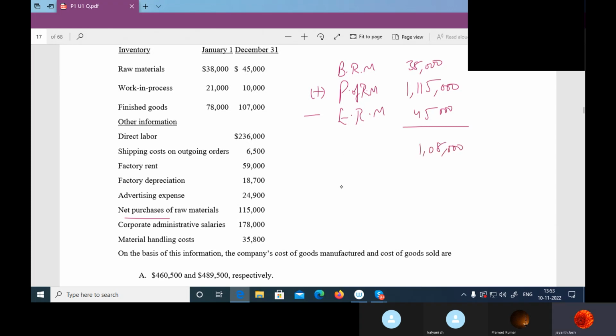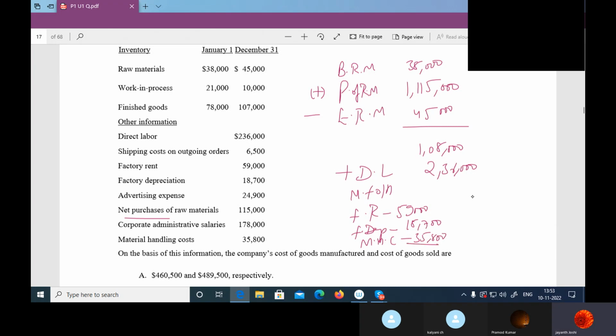To that you have to add the direct labor 2,36,000 and manufacturing overhead. The overheads given are factory rent 59,000, depreciation 18,700, and material handling cost 35,800.